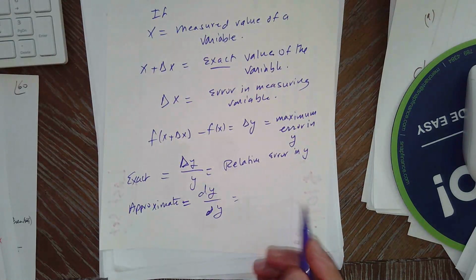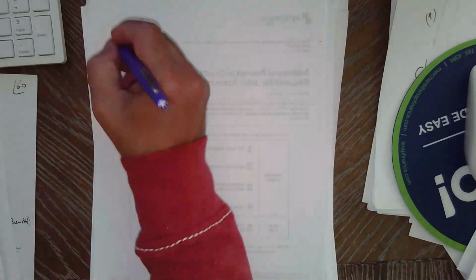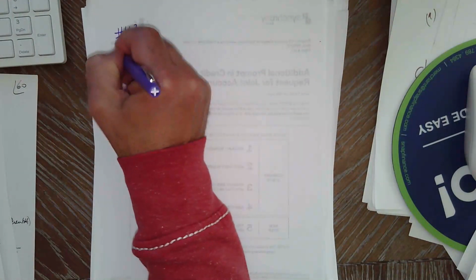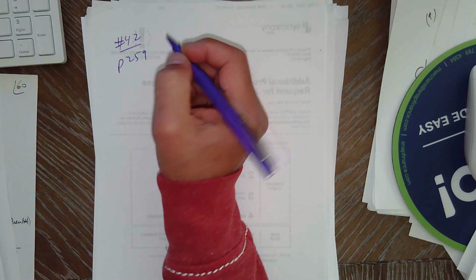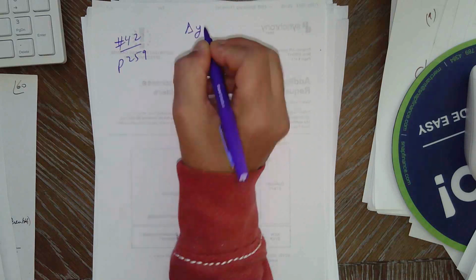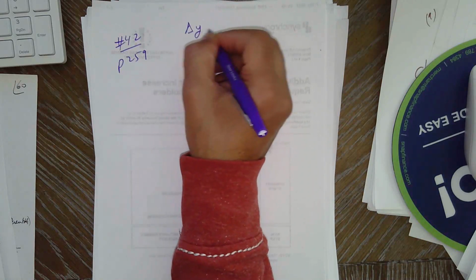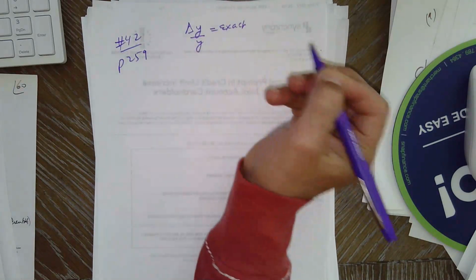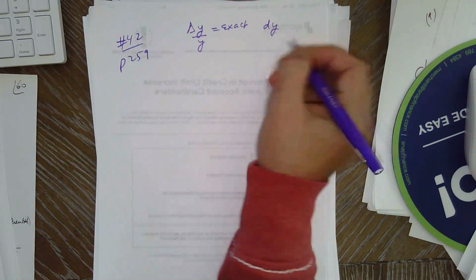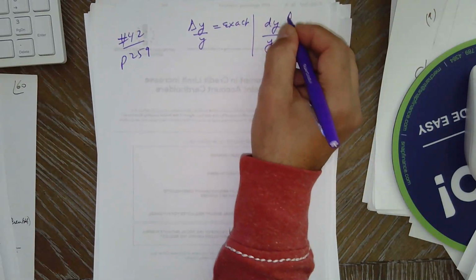So 42, page 259. Remember, anything with delta is exact, anything with d is approximate. If we do delta y, it's exact values, or delta y over y. If you do dy, it's approximate, dy over y is approximate.